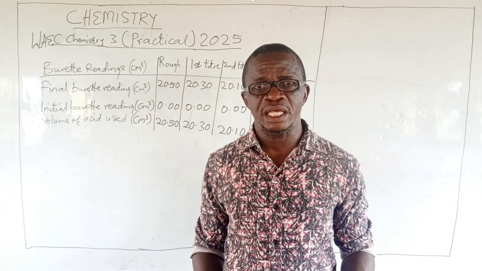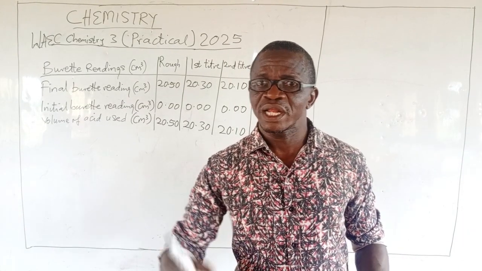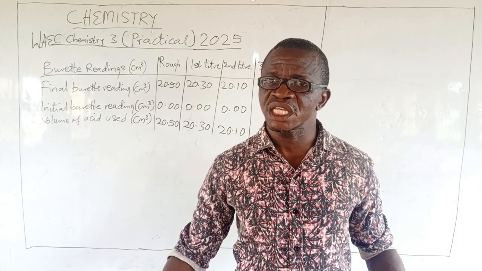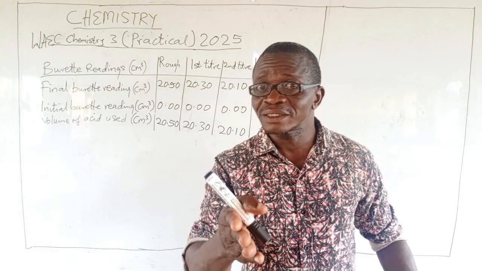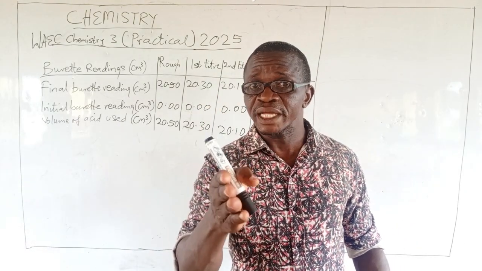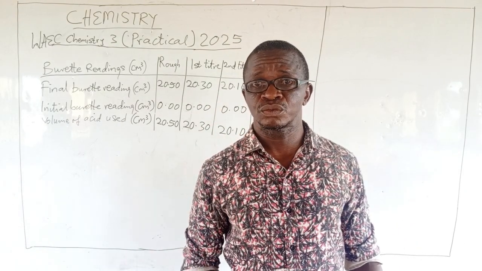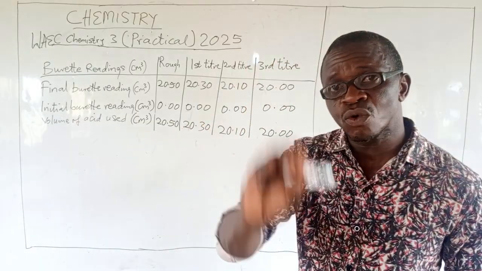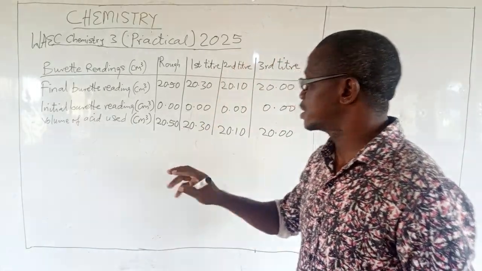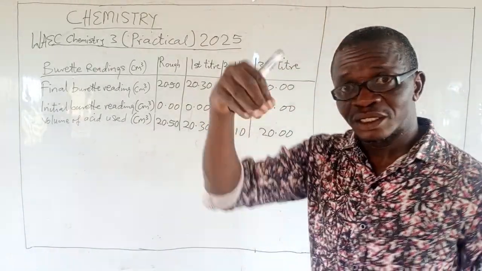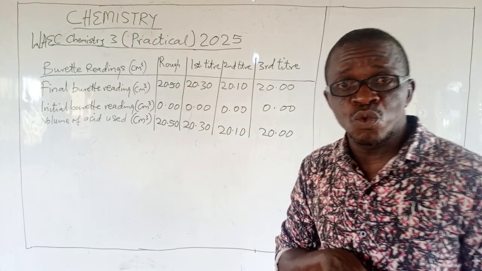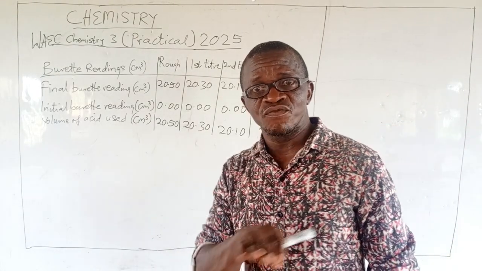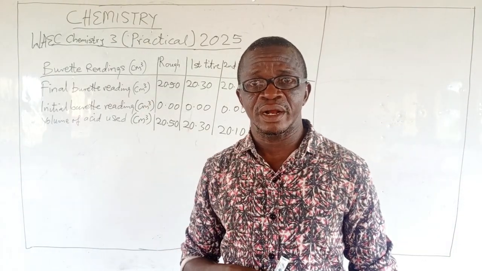I'm expecting A." But when the result is out, you may see yourself with C. You say, what happened? The penalties that you committed, they have punished you. So we are going to look into all those penalties so that in this one that is coming, you will avoid them. When you avoid them, you will get a higher mark.